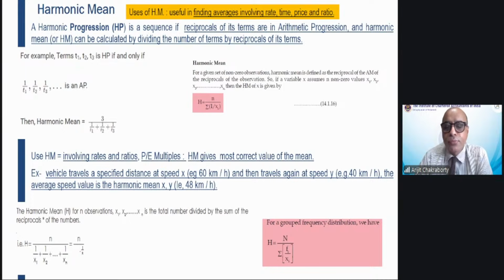So in the case of a frequency distribution, in the numerator we will have the total frequency capital N, but in the denominator, we will have sigma fi by xi. That means the frequency of the first variable divided by the value of the first variable, plus the frequency of the second variable divided by the second variable. Like this it will go.